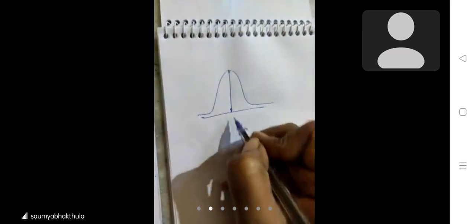Okay, this is z equals 0 and x equals mu. Now, this is x1 and this is x2. Under 45 means you have to consider this region, and over means this region. Only 31% of the items are under 45.